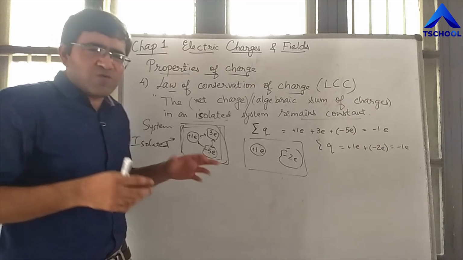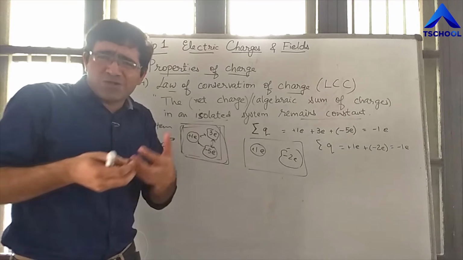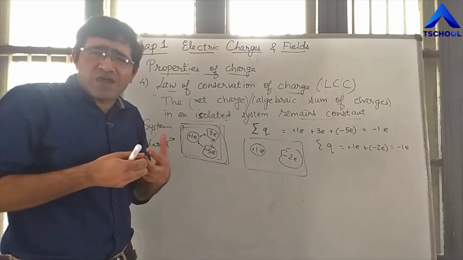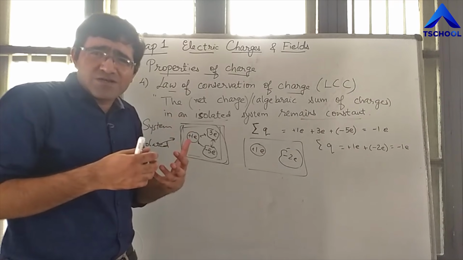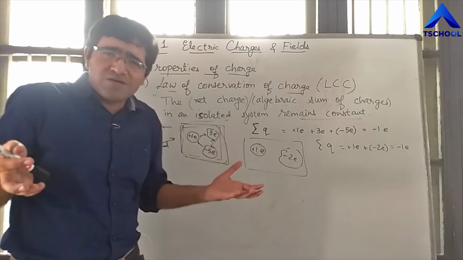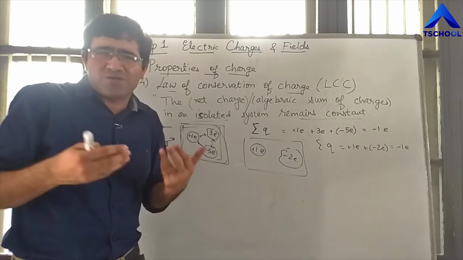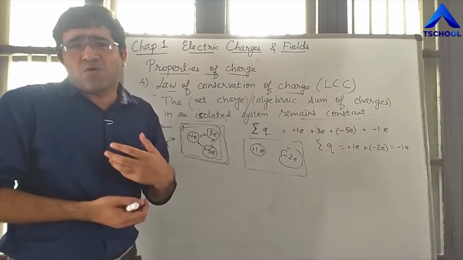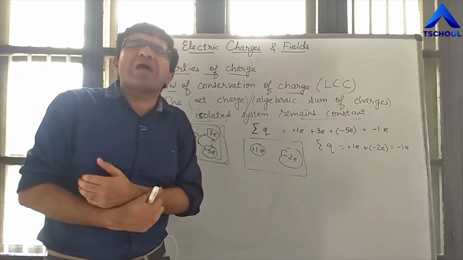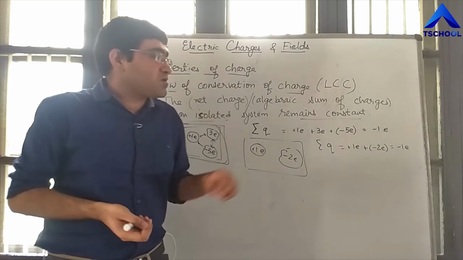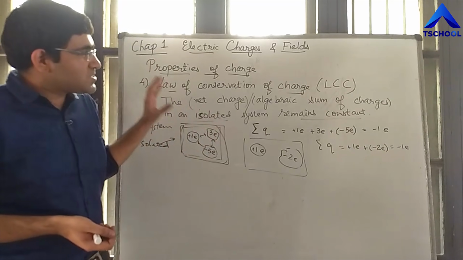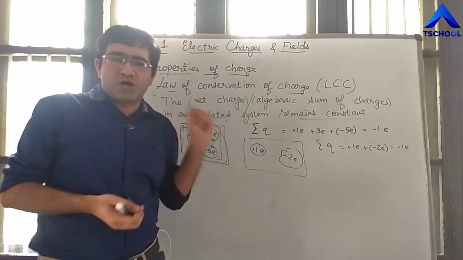Why don't you give me minus 2e, and I'll convert that to mass, and I'll grow in size, and now you have minus 3e charge and I have 3e charge. No, this simply does not work. Charge cannot be converted to anything else. So that's the law of conservation of charge.